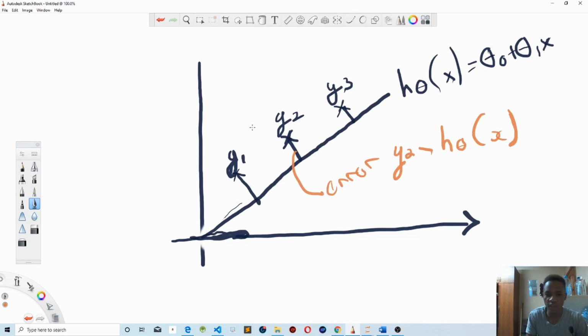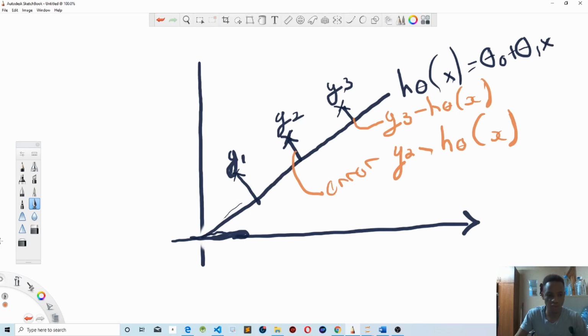So that's how we calculate the error. If you still remember from linear algebra, that's how we calculate the error. The same applies here: we subtract y3 from what our hypothesis predicted, which is h theta of x. So that's how we calculate the error.